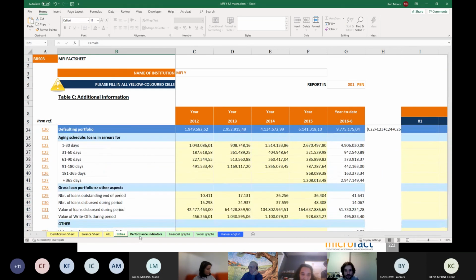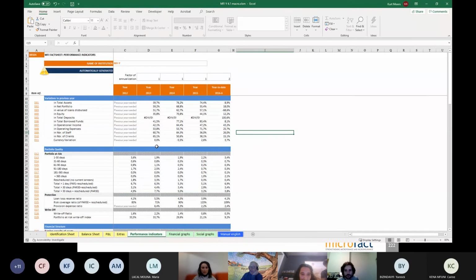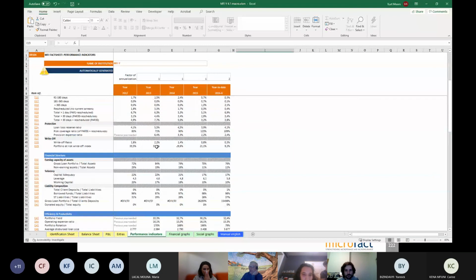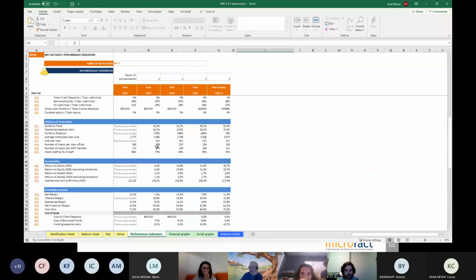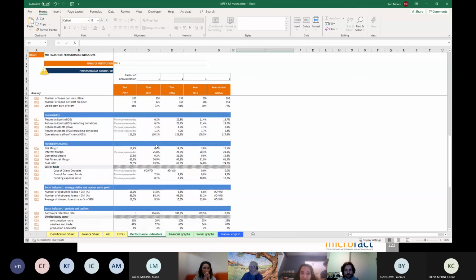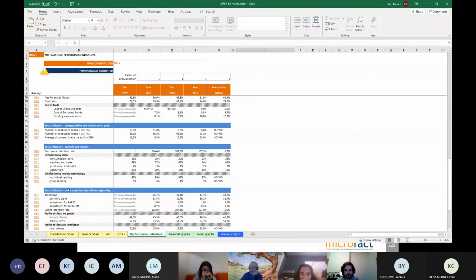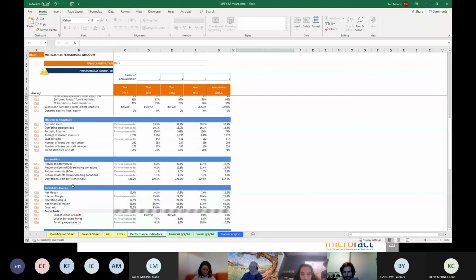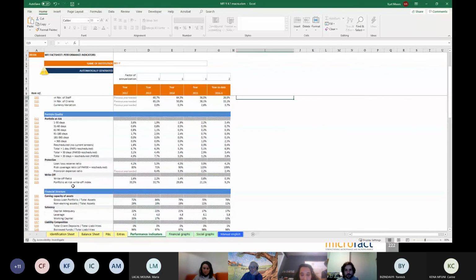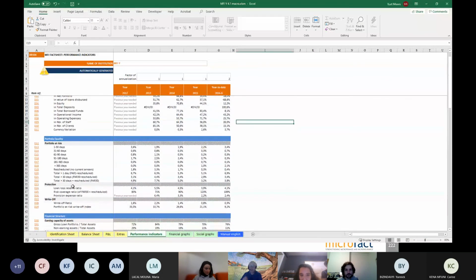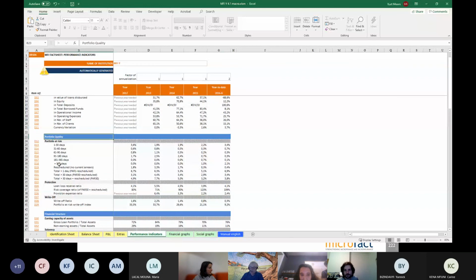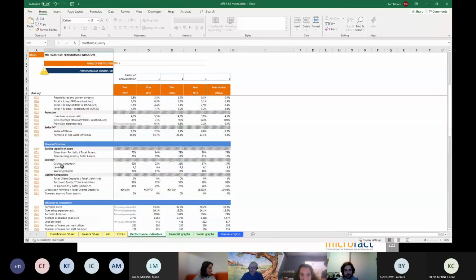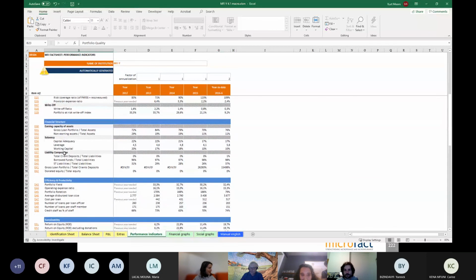But then you have the performance indicators, and we have more than 80 financial indicators, and then we have another group of social indicators.